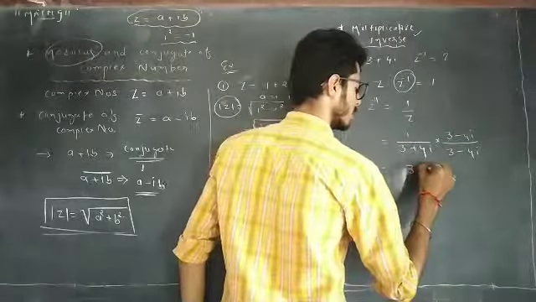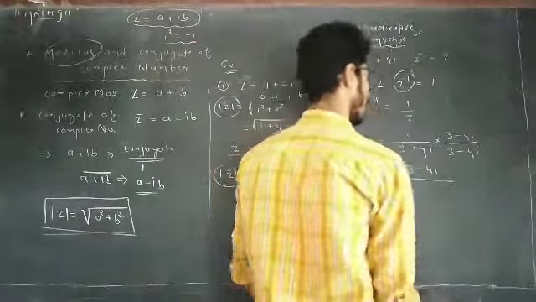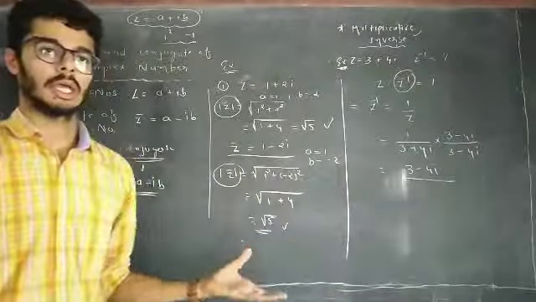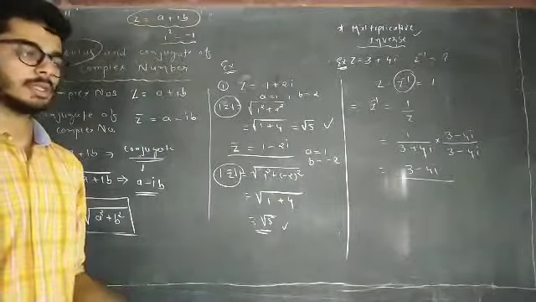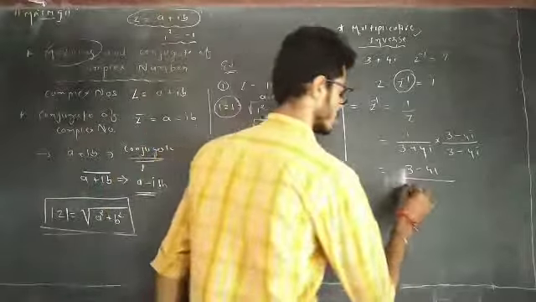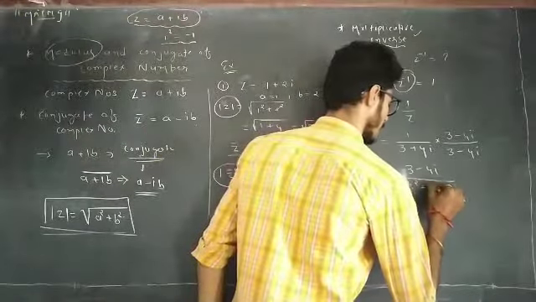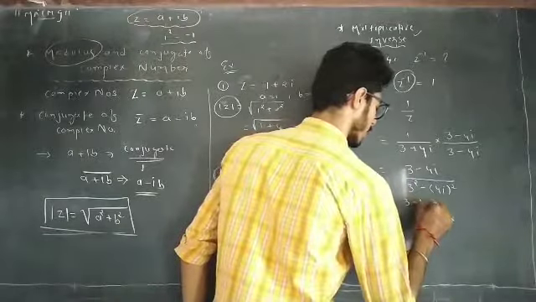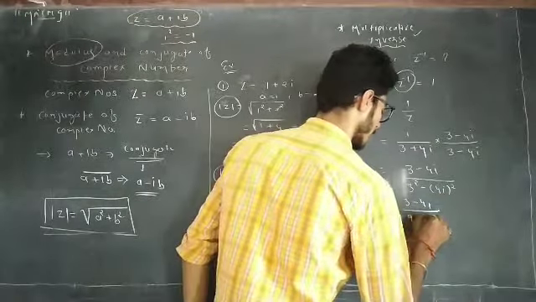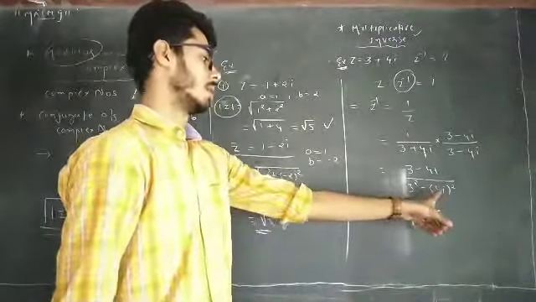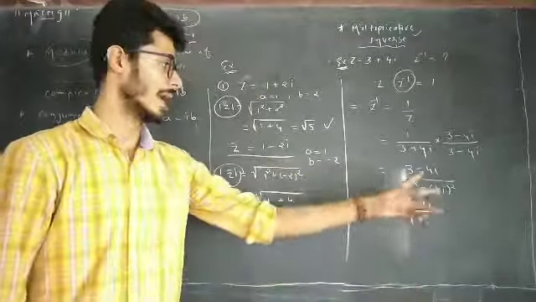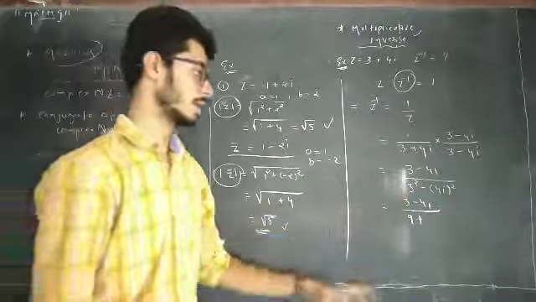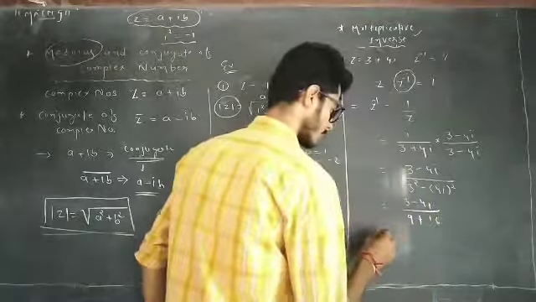Ready? So it gives 3 minus 4i upon, using the identity x plus y and x minus y, which is x square minus y square, 3 square minus 4i whole square. So 3 minus 4i upon 9 plus 16, since 4 square means 16i square, minus 16 minus minus is plus 16.